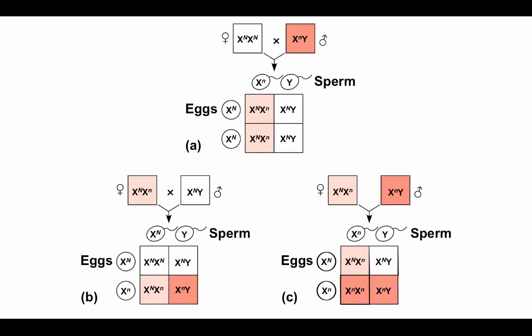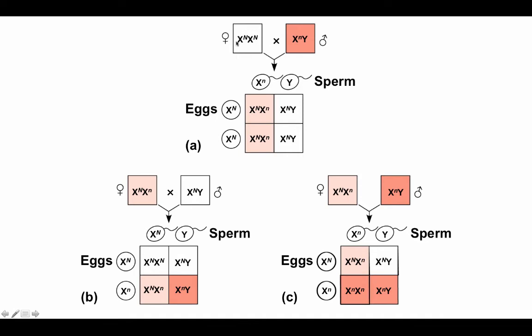If we think about the example of colorblindness from your book, in this figure, X with a lowercase n superscript indicates the recessive colorblindness gene. The uppercase N refers to the normal wild-type gene.